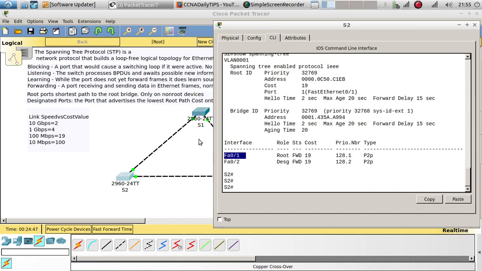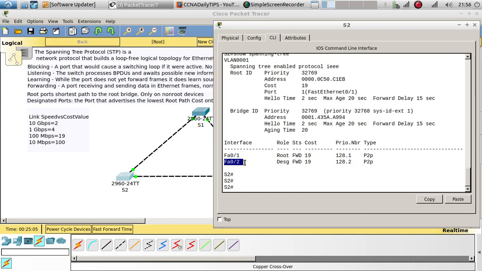Since this one is the closest to the root bridge, it took that role, and it is forwarding, and the cost for it is only 19, which is only one link going at 100 megabits per second, so you can see right here, right?